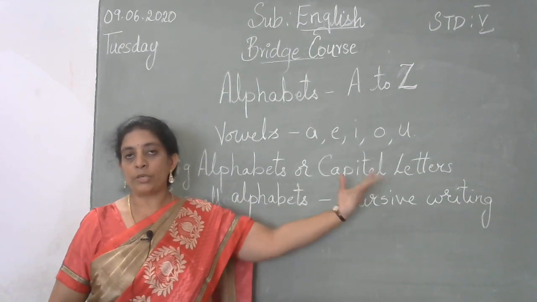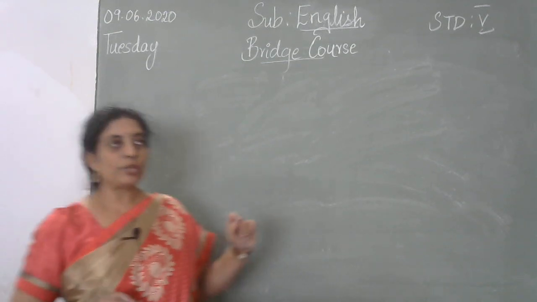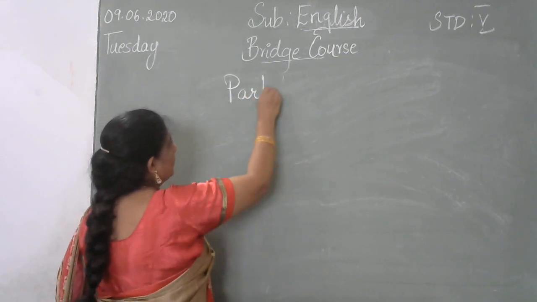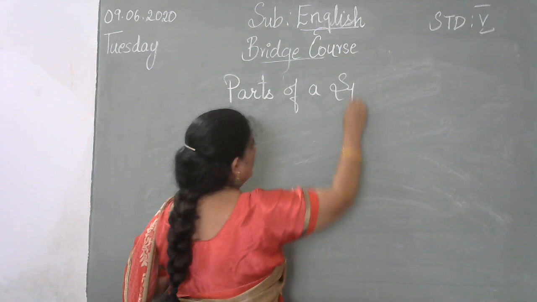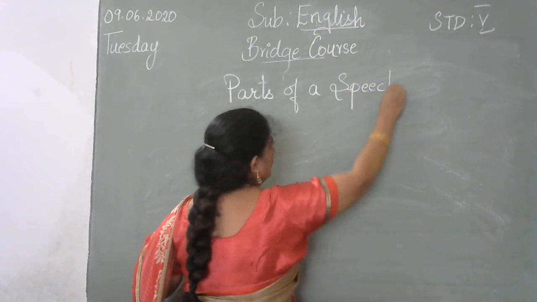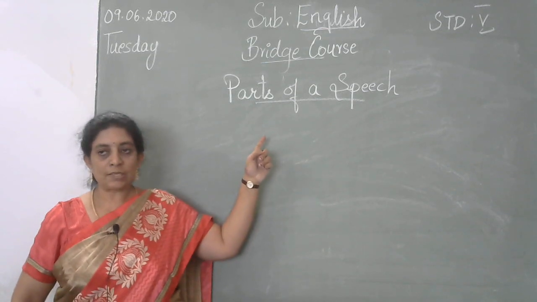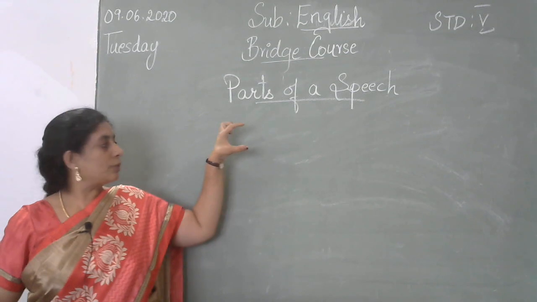Okay, so now we'll go on to the next step. Now the next thing we are going to learn is parts of speech. Parts of speech means the different names given to the different groups.